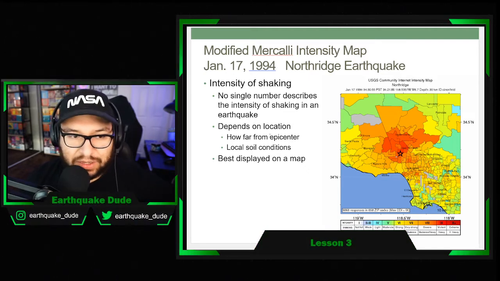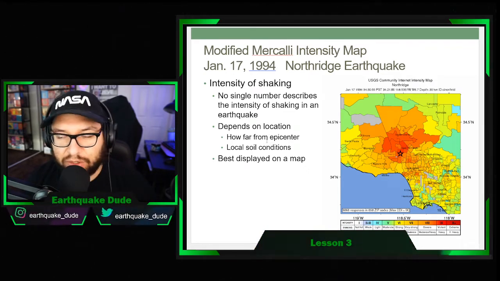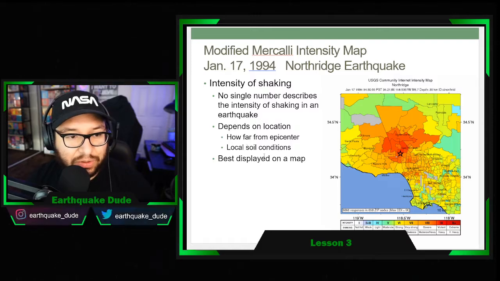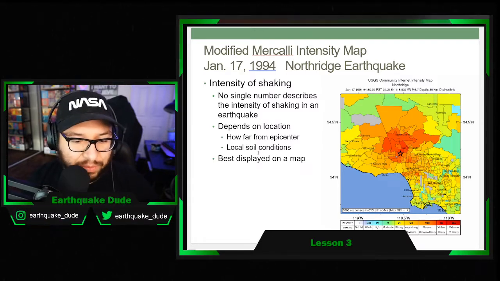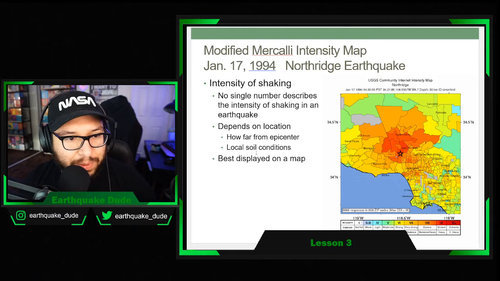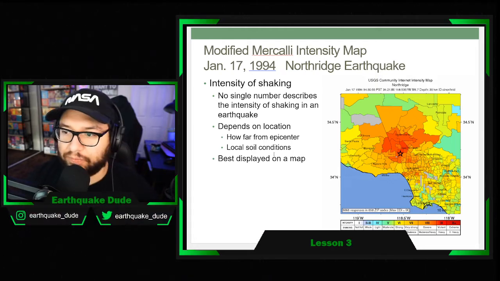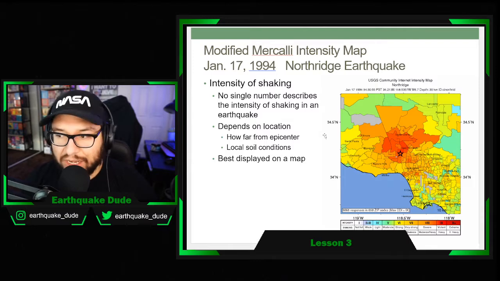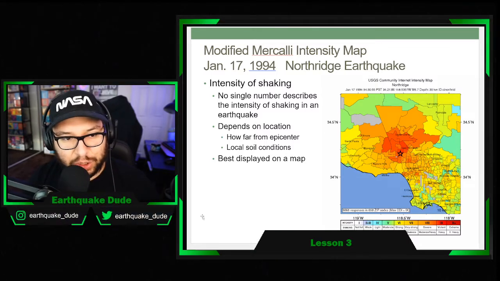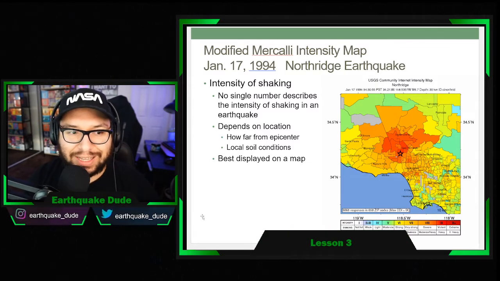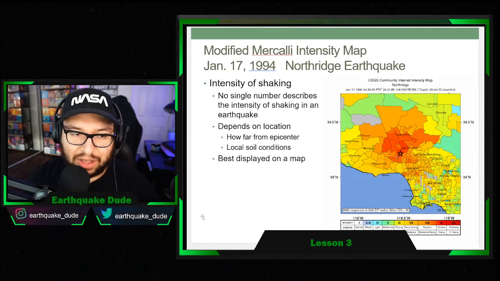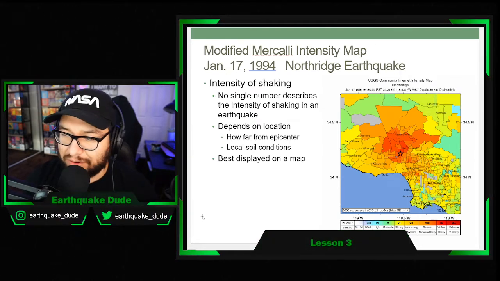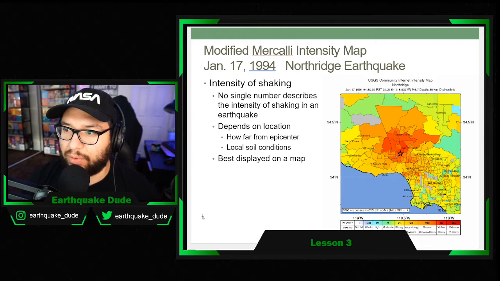Again, it depends on the location, so how far from the epicenter you are, and it depends on the local soil conditions, right? You're more likely to feel much more intense shaking near the beach than you are on top of a mountain. And it's best displayed on a map. So collecting all this data and creating a map can show you the big picture of the intensity of shaking based on the location of the epicenter and how far away you are from it.